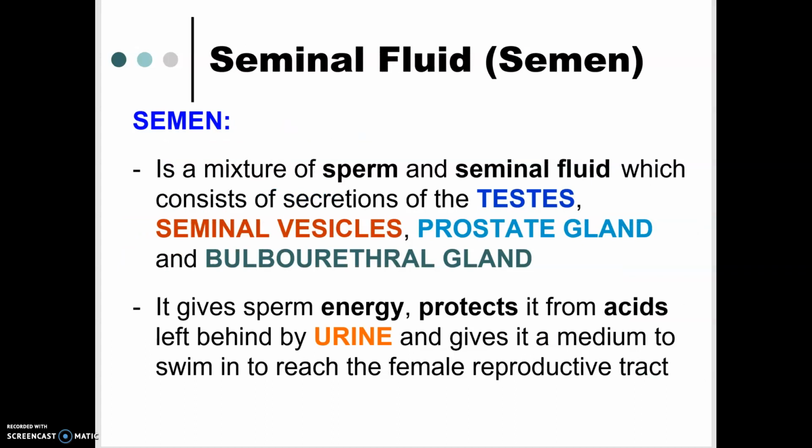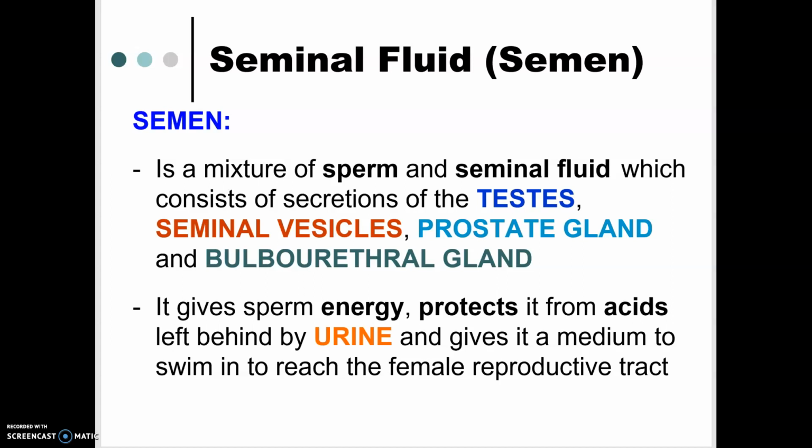Now, the whole point so far is to produce semen. The semen is a mixture of the sperm, those living cells that have half the genetic material of the male, and the seminal fluid, which is all of those secretions that we talked about: the alkaline fluid, the fructose, the clotting factor, all of those things that help the sperm in their journey from the male reproductive system into the female reproductive system.